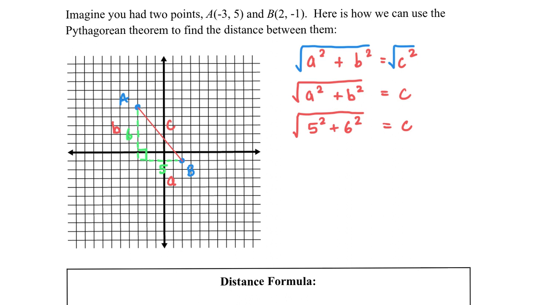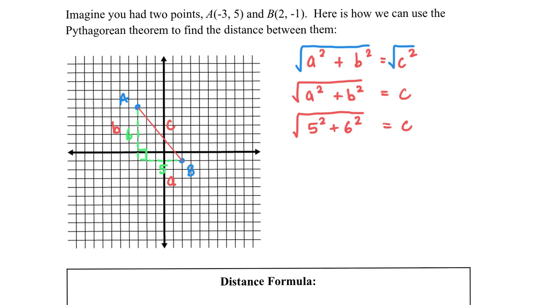But where did the 5 come from? When you count boxes, what you're doing mathematically is actually subtracting. If you go back to the coordinates, you can see that negative 3 minus 2 gives us negative 5, or if I go in the opposite direction, 2 minus negative 3 gives me positive 5.